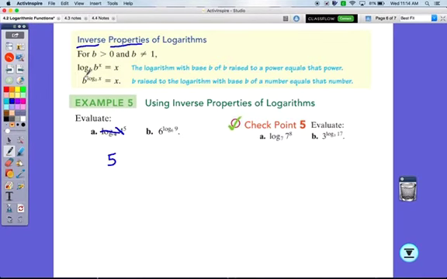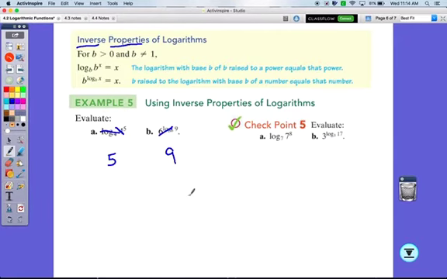If you have it written the other way, where you have an exponential, like here on B, we have 6 raised to the, and then the exponent is a log with the same base as the base of my power. Those can cancel out, and the answer is just going to be what's left over.